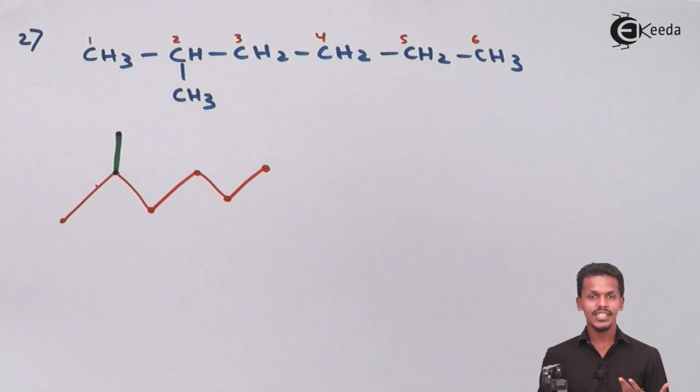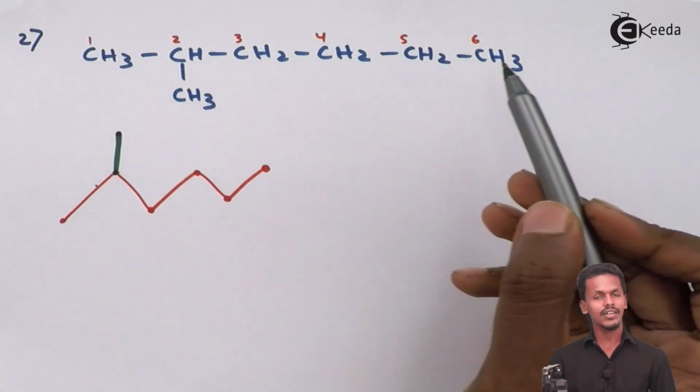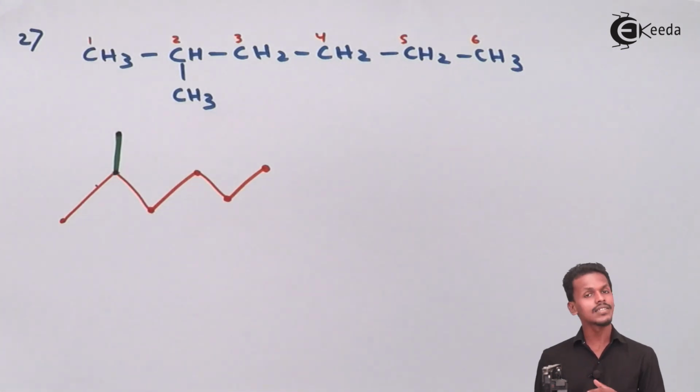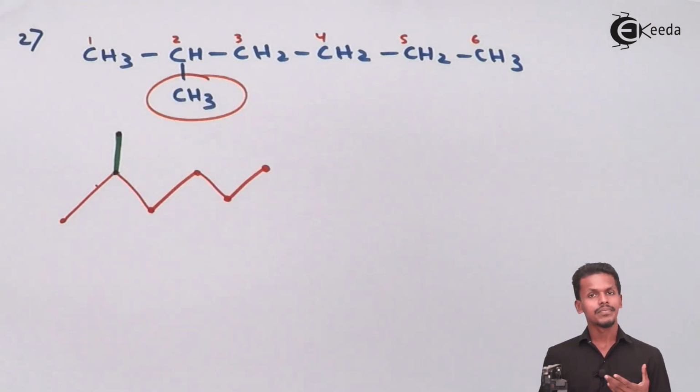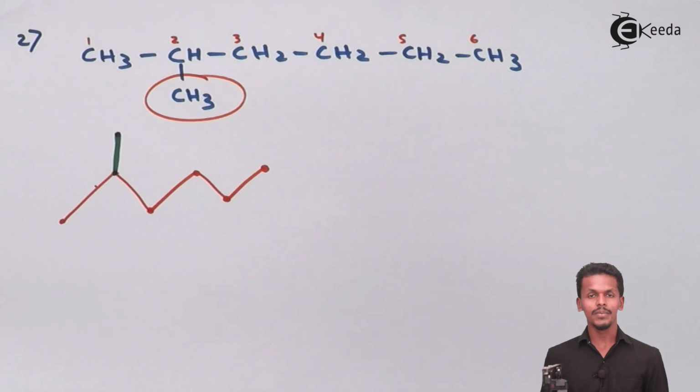The IUPAC name for this is very easy, because we have numbered it earlier, that is 1 to 6. In this case, at the second carbon atom a CH3 group, or methyl group, is attached.